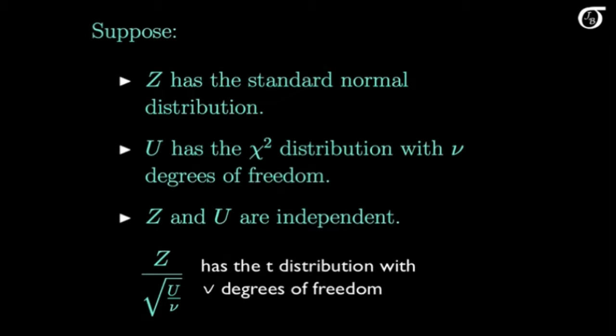So we often represent this random variable with the capital letter T. Now this might all sound a little abstract, and you might wonder when we would ever wish to divide a standard normal random variable by the square root of an independent chi-square random variable over its degrees of freedom. But this actually has some common and important practical applications for us.